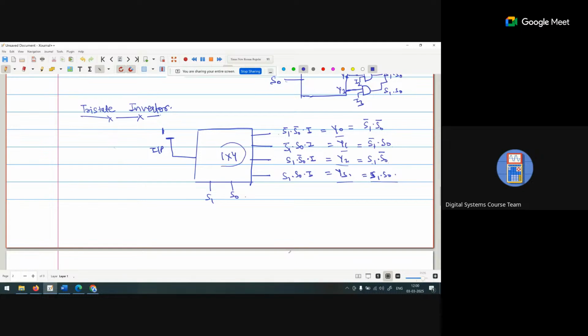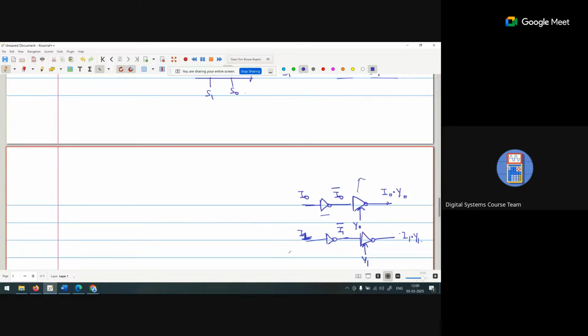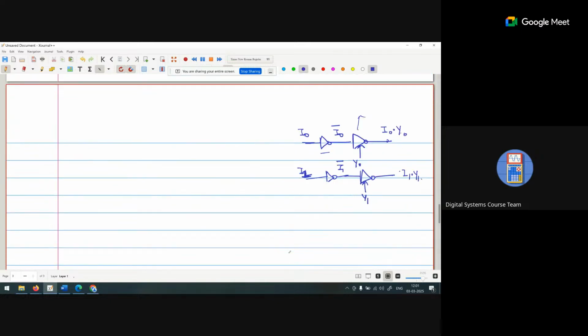Either I can use a 1 cross 4 mux on the basis of select lines, and we get S1 bar S0 bar, so this is Y0. Now we use this Y0 in this particular tri-state. If I use a 1 cross 4 DMux with one input that is grounded, and the select lines S1 S0, we get Y0 here.